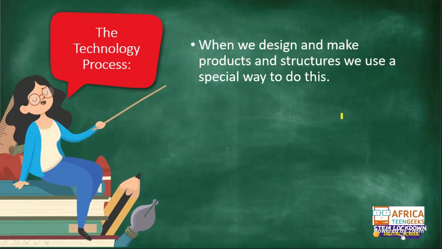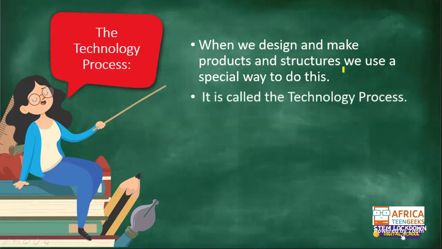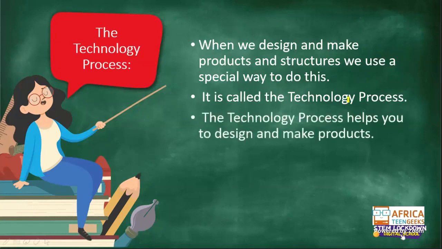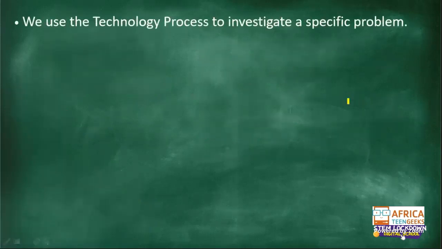So when we design and make products and structures, we use a special way to do this in sciences, and it is called the technology process. Now, this process helps you to design and to make products. So we are going to have a closer look.